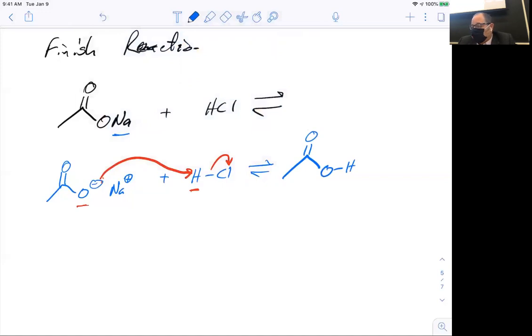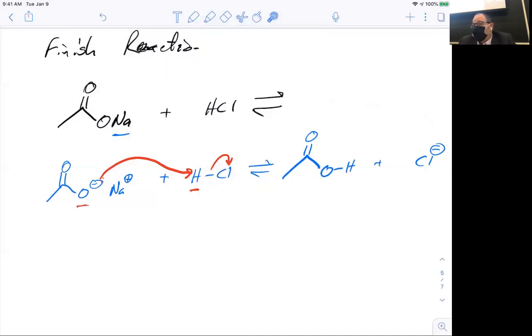So the result of those arrows is I've made a bond between the oxygen and the hydrogen, and I've given electrons up to the chlorine. And what has not been involved in this mechanism? The sodium, right? The sodium's just out there. So where is the sodium going to end up in the product? Well, why is the sodium next to the oxygen negative?